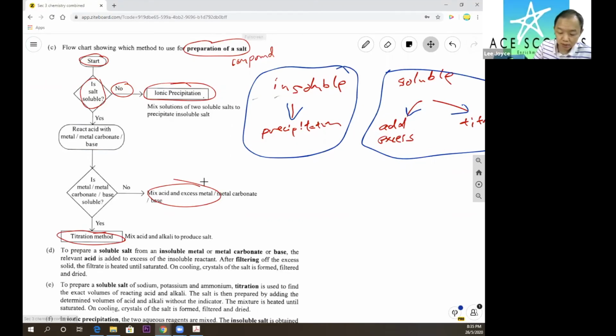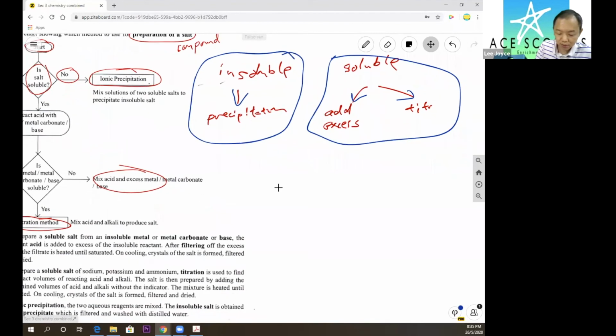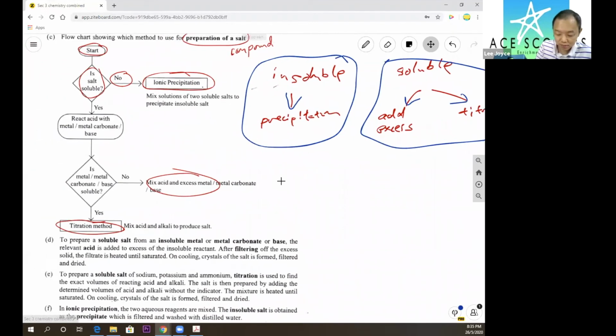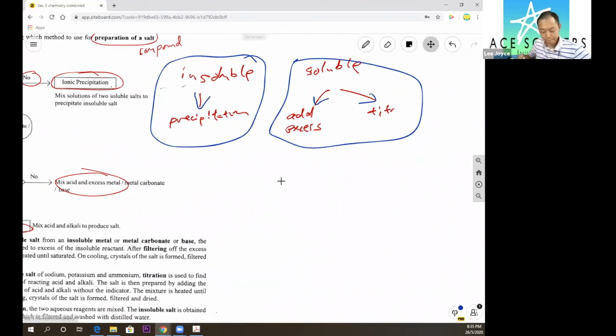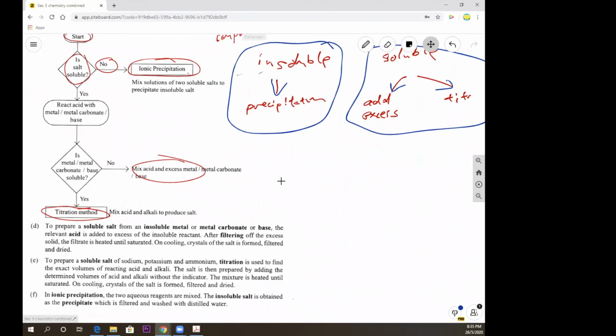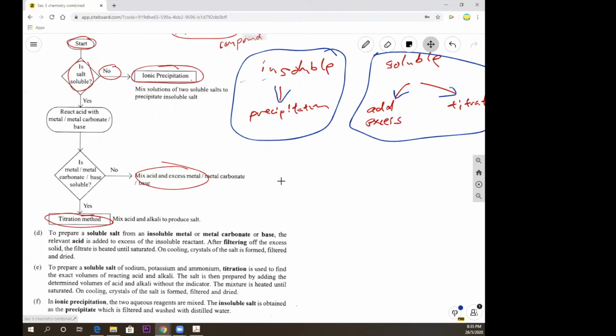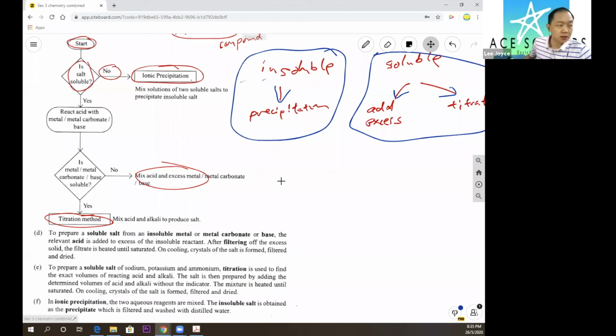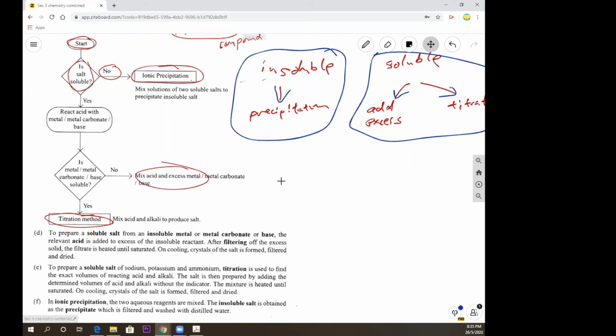Okay, so can you just remember this? Either the flowchart or the blue colour part. Must you write ionic precipitation or just precipitation? Just precipitation is fine. After this chapter, are we going to the periodic table?